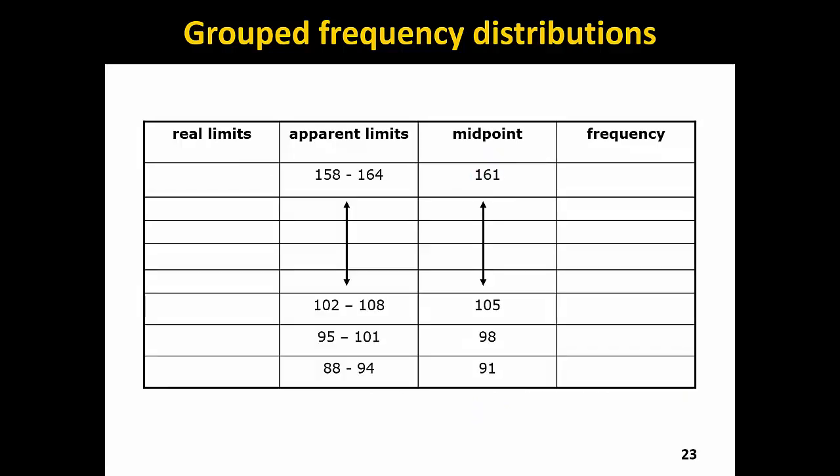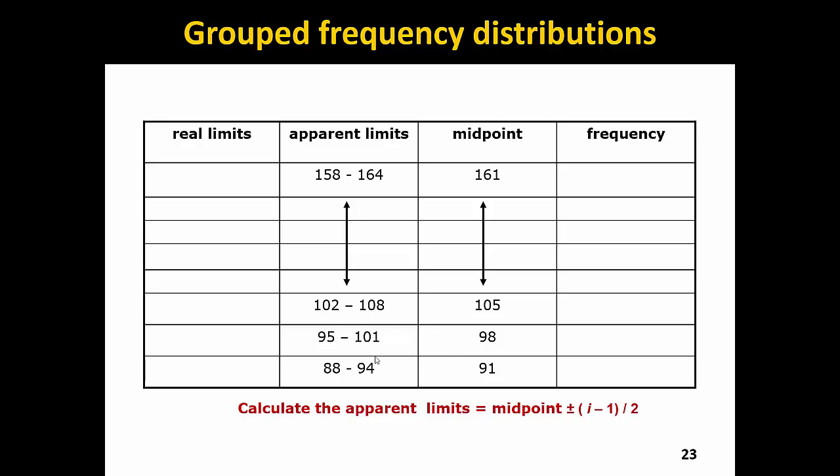We then set our apparent limits, as you can see here. We calculate the apparent limits from the midpoint. The equation to do this is we take the midpoint, 91, and we add and subtract. For the upper limit we add the interval width of 7 minus 1, which is 6, divided by 2, which is 3.